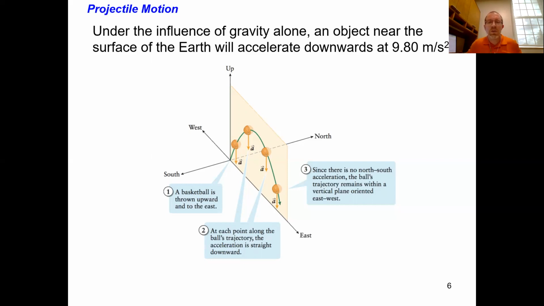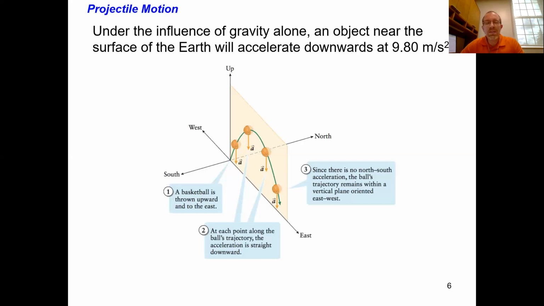So that's great. Our acceleration in the y direction is negative 9.8 meters per second squared. What about the acceleration in the x direction? Well, if I picture throwing a ball, once the ball leaves my hand, the only thing influencing the ball is gravity, neglecting air resistance, which is really pretty small in most cases, unless we get going at really high speeds.